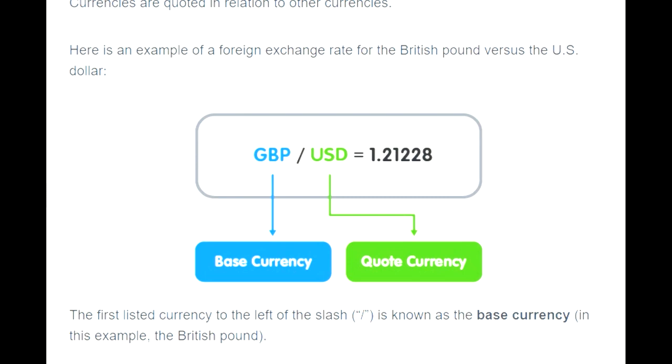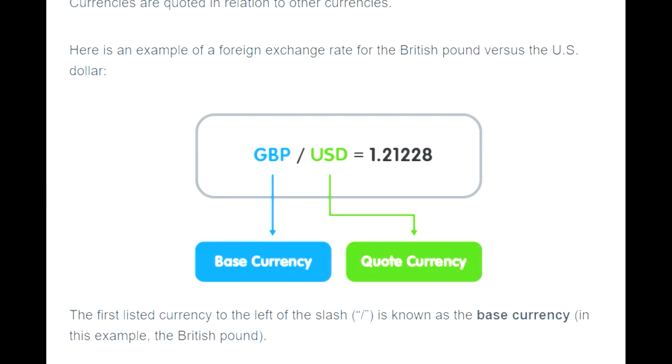Currencies are quoted in relation to other currencies. Here is an example of a foreign exchange rate for the British pound versus the US dollars. Now, here you can see that the British pound is quoted against the US dollars. So automatically the base currency is the first currency in the pair, and the second currency is always the quote currency.